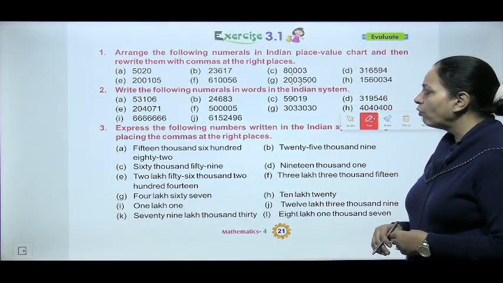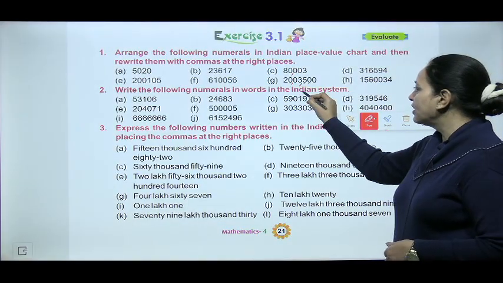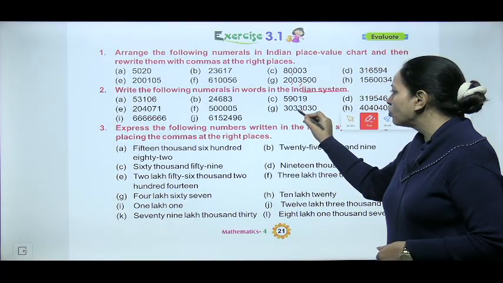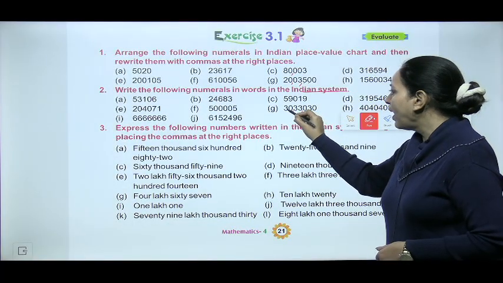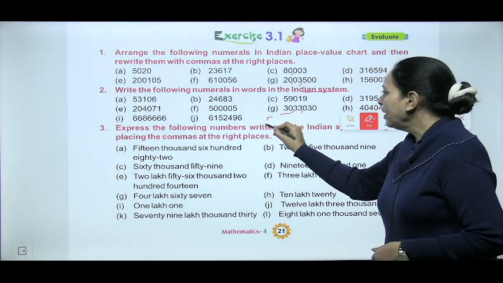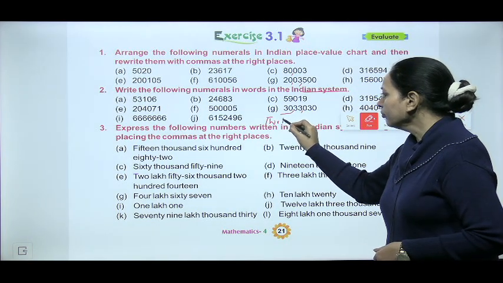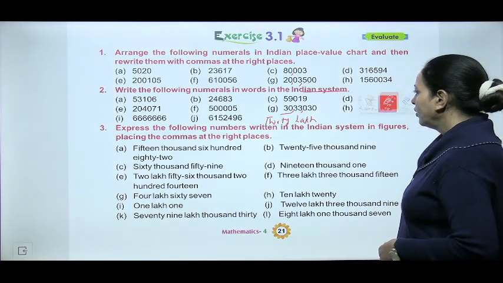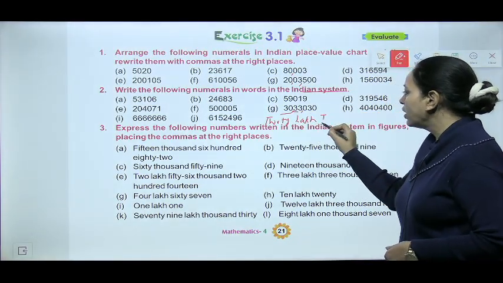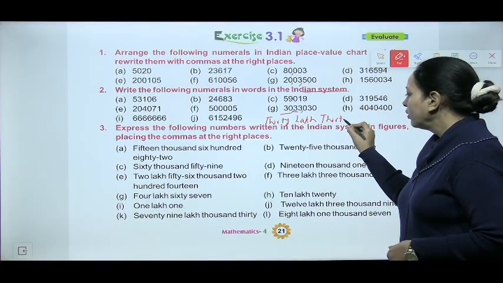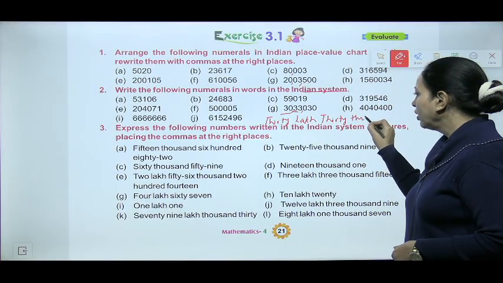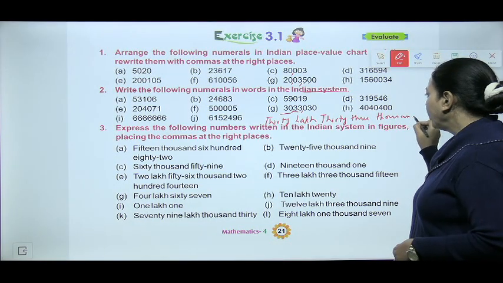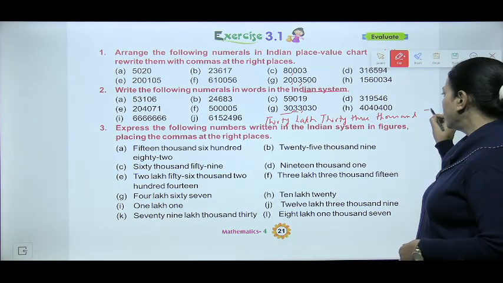The second, write the following numerals in words in the Indian system. So like this, ones, tens, hundred, comma, 1,000, 10,000, comma, lakh, 10 lakh. So 30 lakh, 33,000, 1000, so 30.